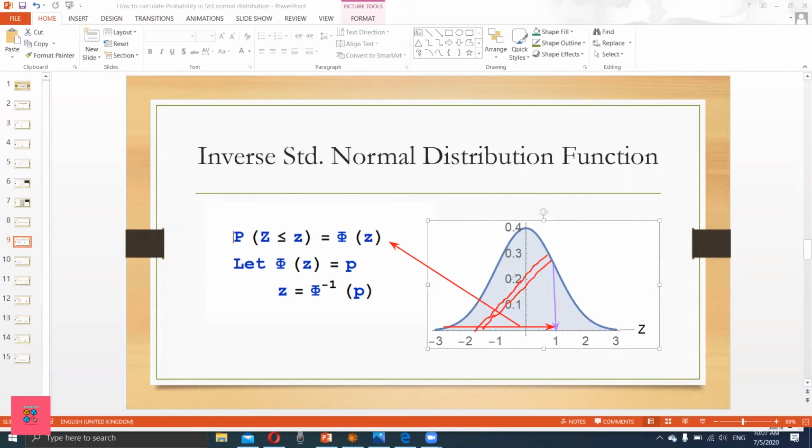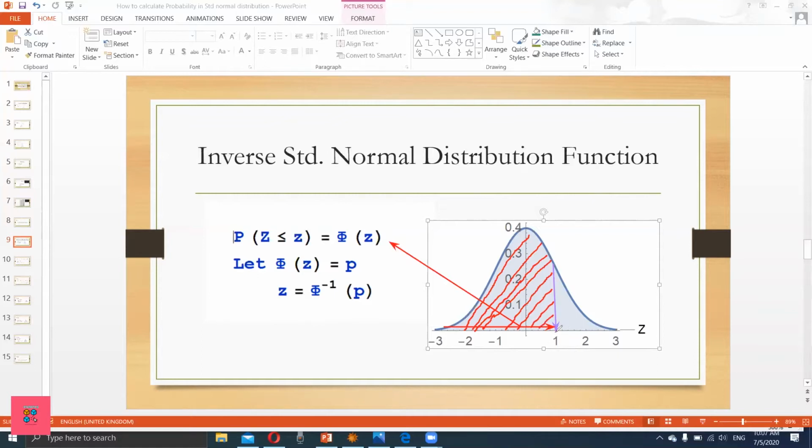So this is our shaded area, and this shaded area is equal to phi of z. If this area phi of z is small p, and this is given, then you can find your z.